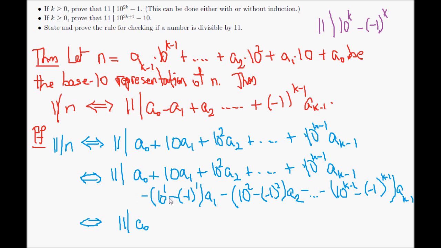Then I have minus, minus, minus, so minus a sub 1. Then 10 squared a sub 2 minus 10 squared a sub 2, those cancel. Then minus, minus cancels, leaving me plus a sub 2. And they continue to alternate plus and minus, stopping on negative 1 to the k minus 1 times a sub k minus 1. So the original number is a multiple of 11 if and only if I alternately subtract and add the digits, this new thing is also a multiple of 11. And so that's the end of the proof.